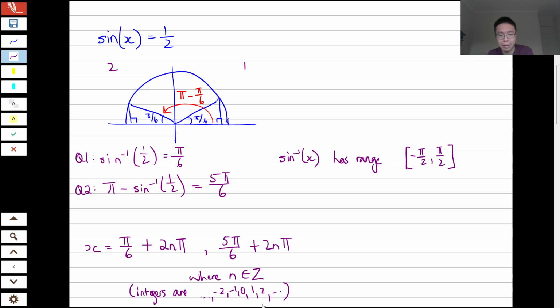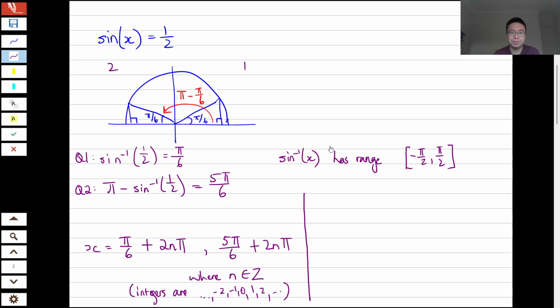So what we're saying here is start at pi on 6 or 5 pi on 6 and rotate by multiples of 2 pi, clockwise or anti-clockwise, as many times as you like, and you'll get back to the same position on the unit circle.